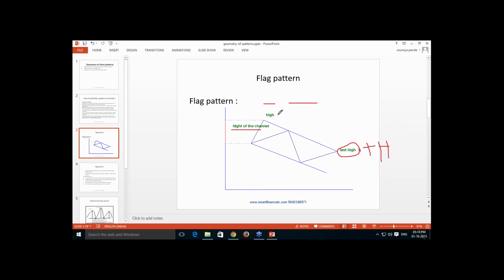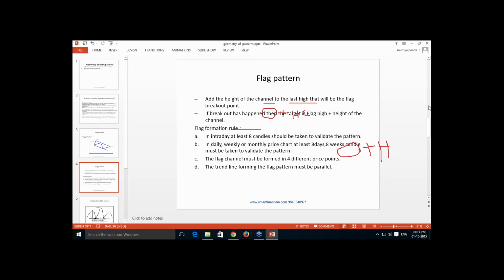Once the breakout comes, in the high which has resulted in this flag pattern, if you add the height of the channel, that is your optimum target for this flag pattern. So this is what the flag pattern's arithmetic is. If the breakout happens, then the target will be there.